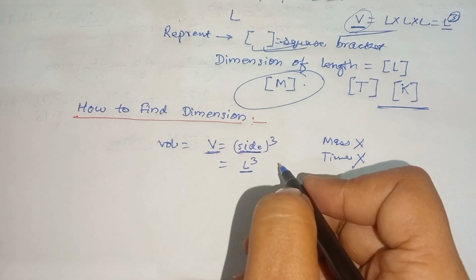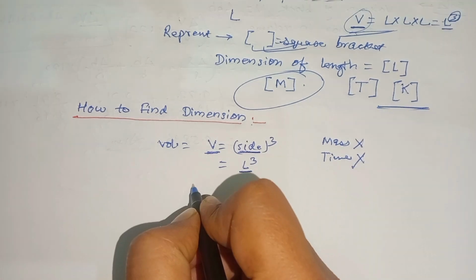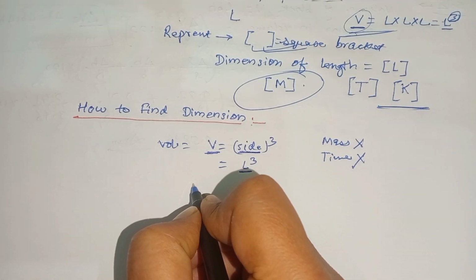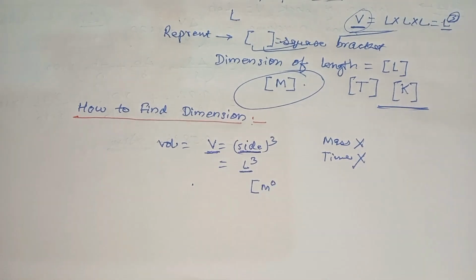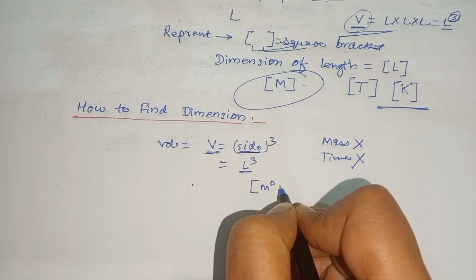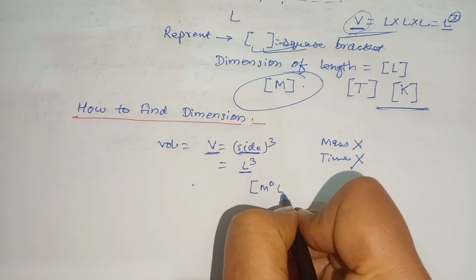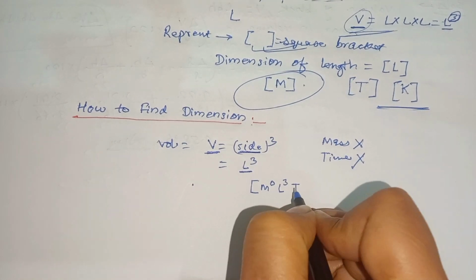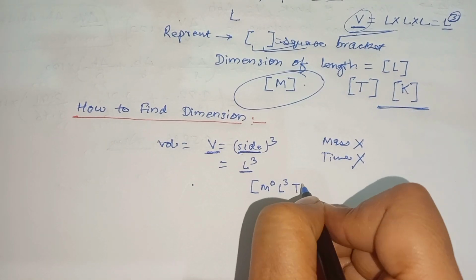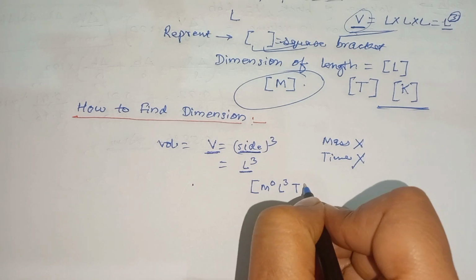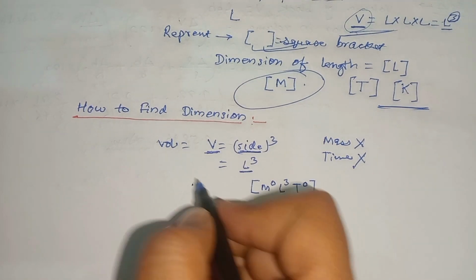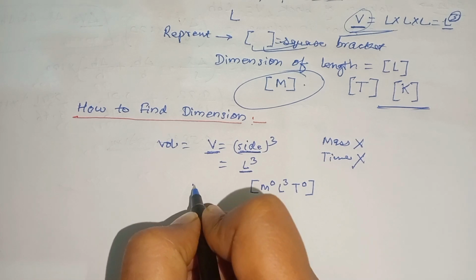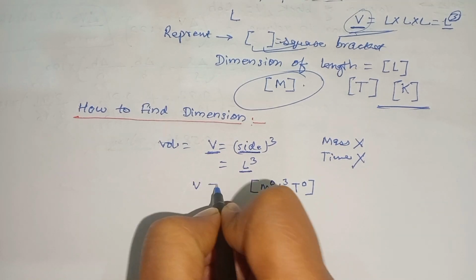So the dimension of volume will be written as: mass, there is no mass, so the power is 0. Length, yes, it is 3. Time, does it have any power? Time is not a governing factor of volume, so it is 0 here. This is the way to represent the dimension of volume.